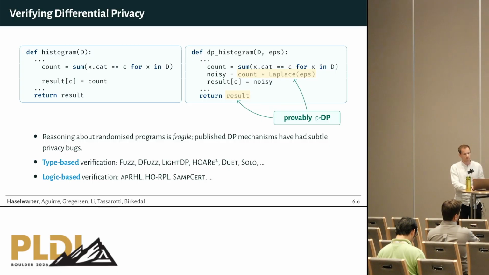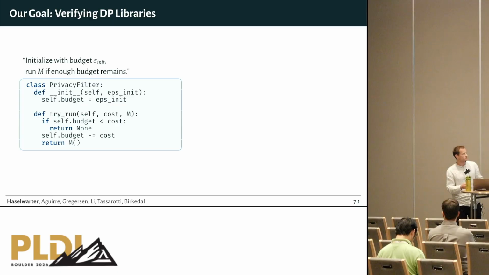And so if you look at these libraries, they have some combinators that help you write these programs. One of the combinators that you find very often, in any library that does this, is a privacy filter.